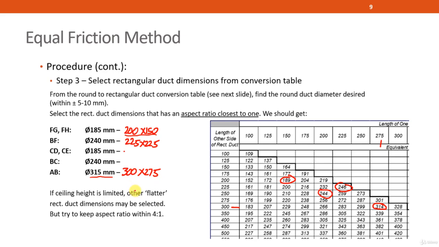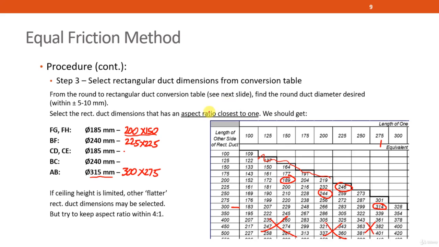So as you can see, other than having space constraints such as limited ceiling height, as far as possible we should always choose a small aspect ratio duct. That means try to choose those that are near to the top and never choose those that are below.